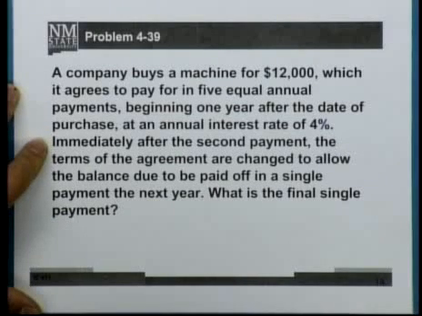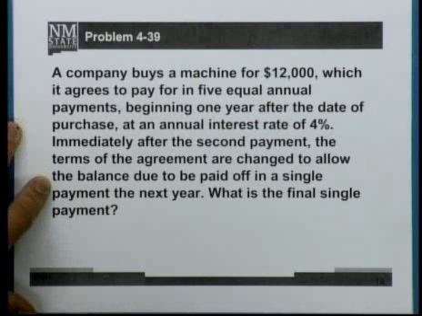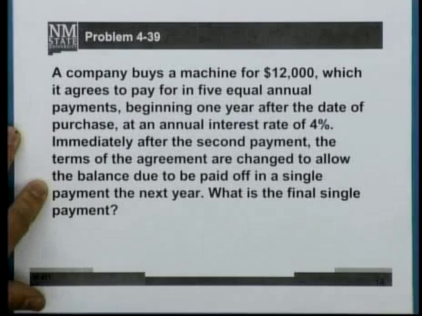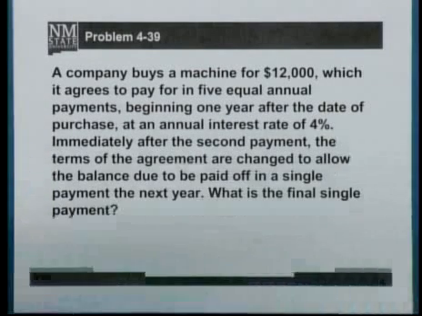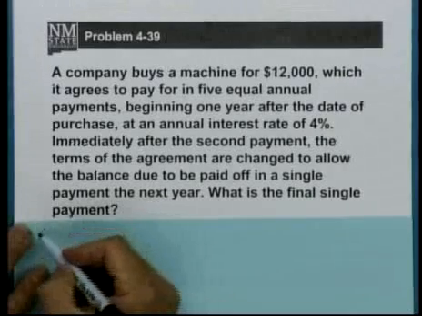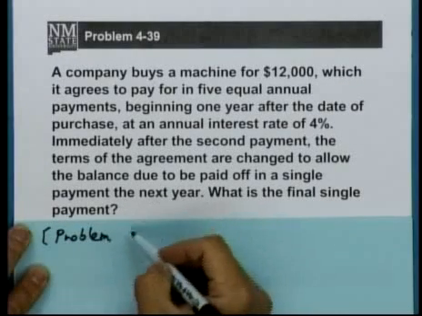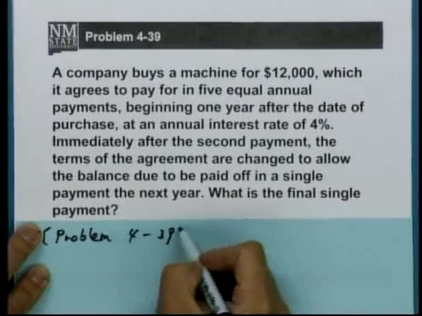Immediately after the second payment, the terms of the agreement are changed to allow the balance due to be paid off in a single payment the next year. What is the final single payment? So let's draw the cash flow diagram first. This problem number 4-39.